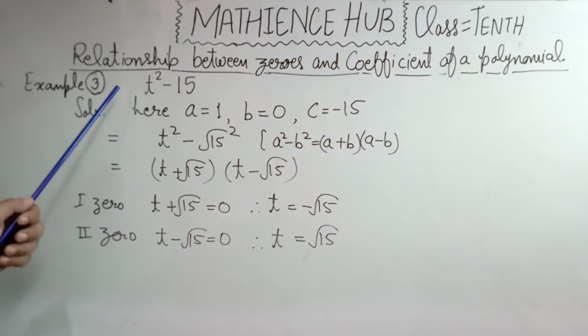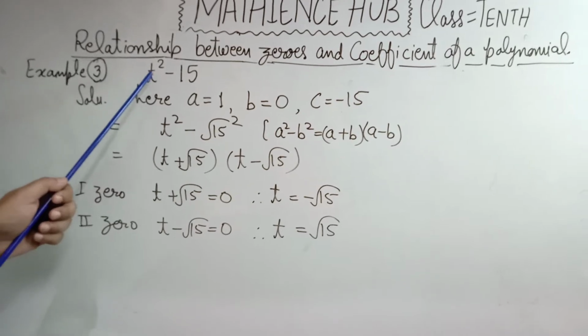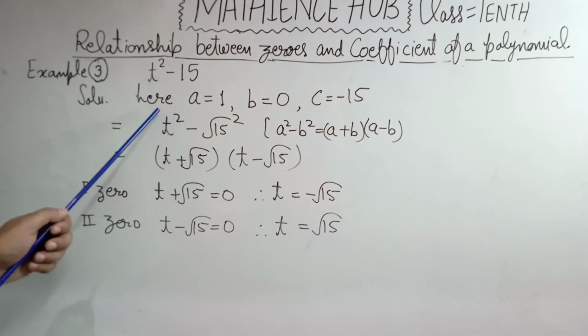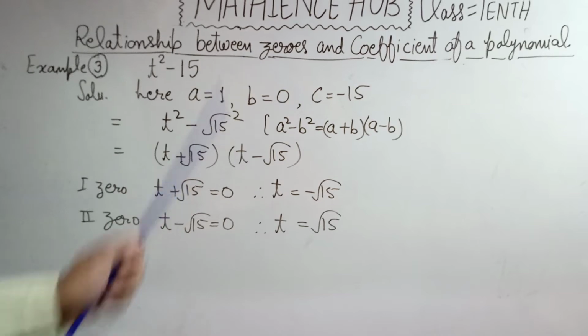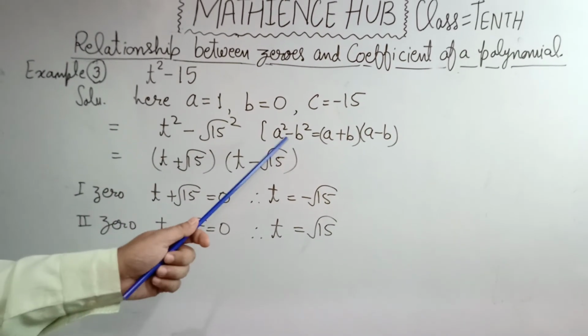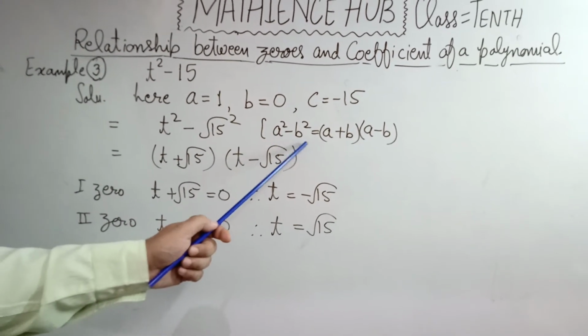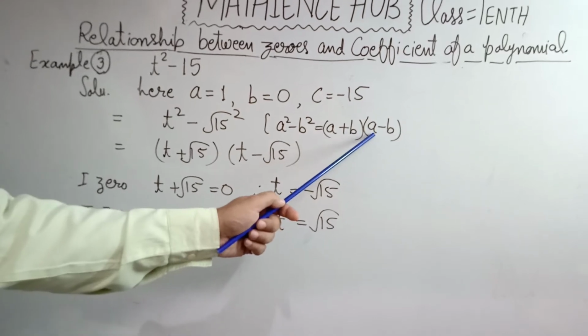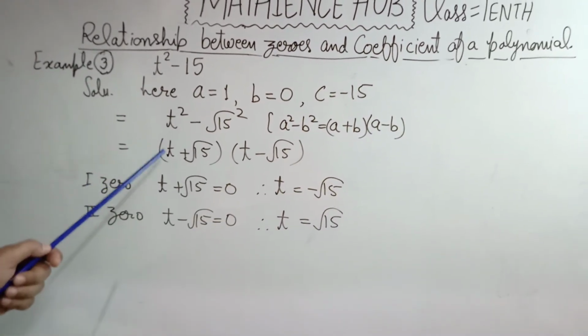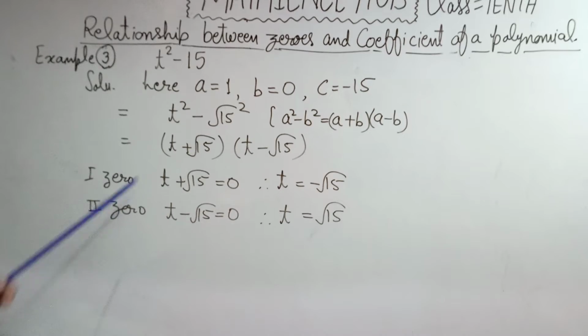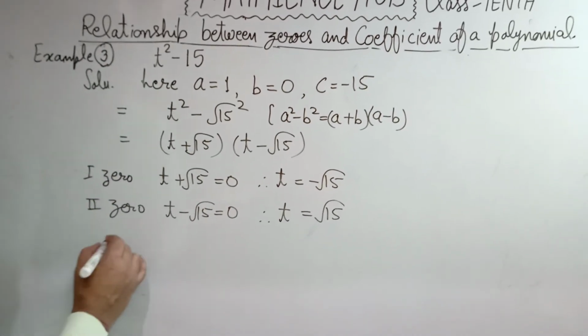So in this quadratic polynomial, you see very carefully the values of a, b and c. Then you know the identity a square minus b square equals a plus b, a minus b. Then find the factors and then find the zeros.